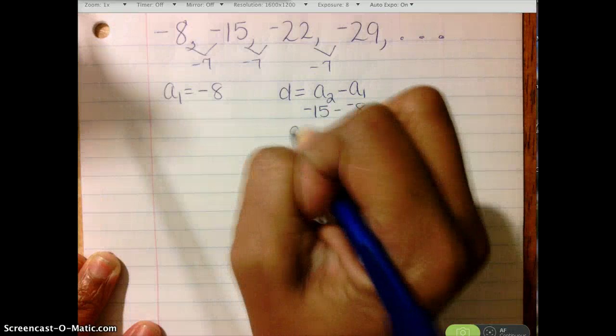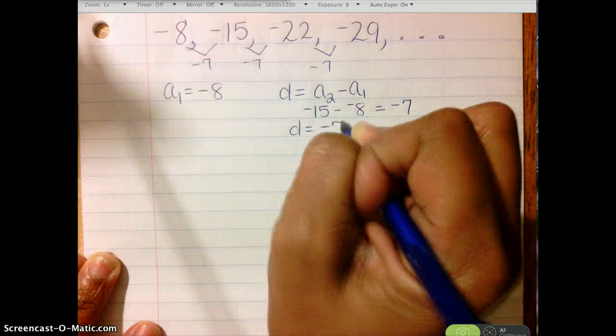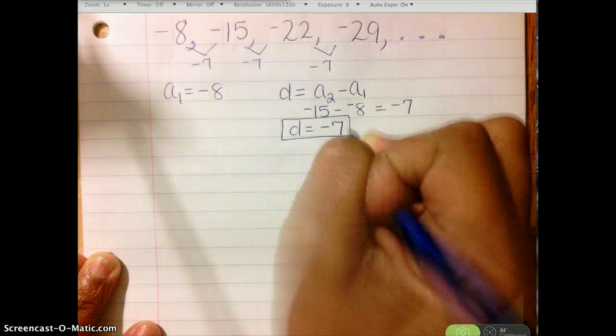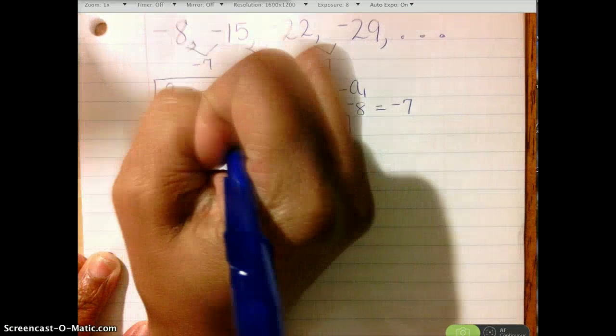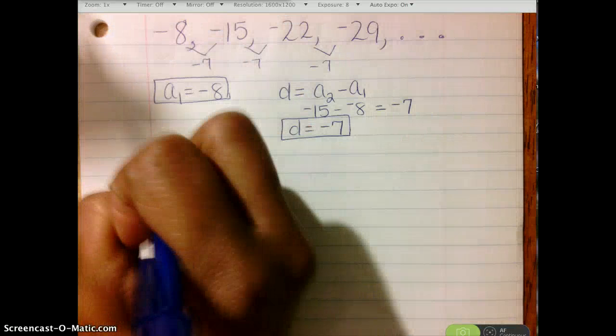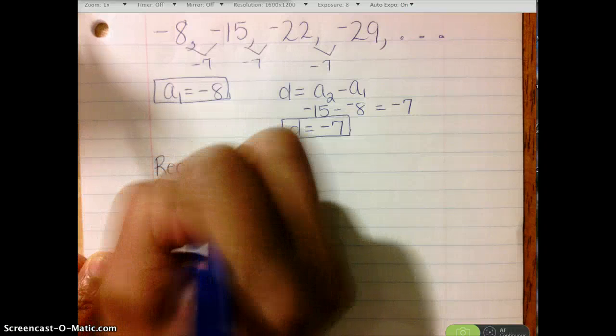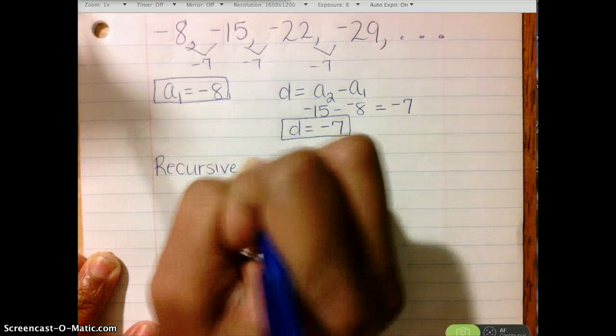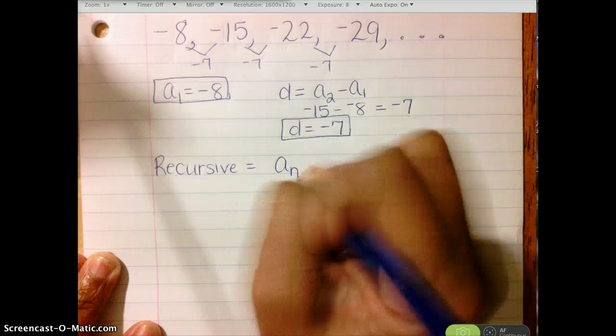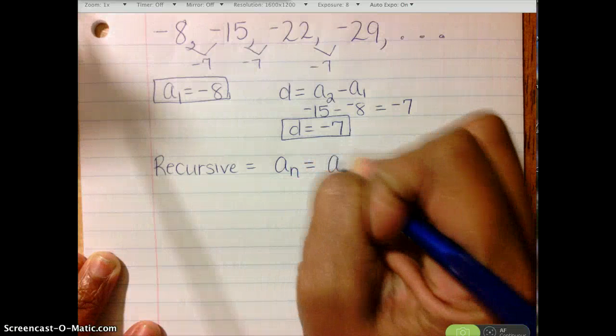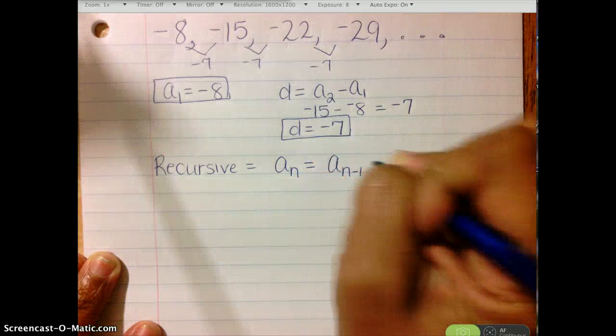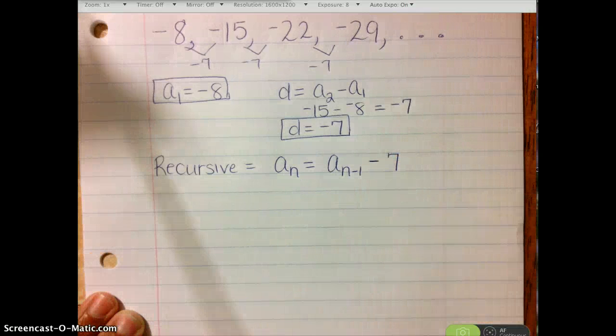So my common difference is -7. That's my difference, and here's my first term. So for the recursive, the current term is equal to the previous term minus 7.